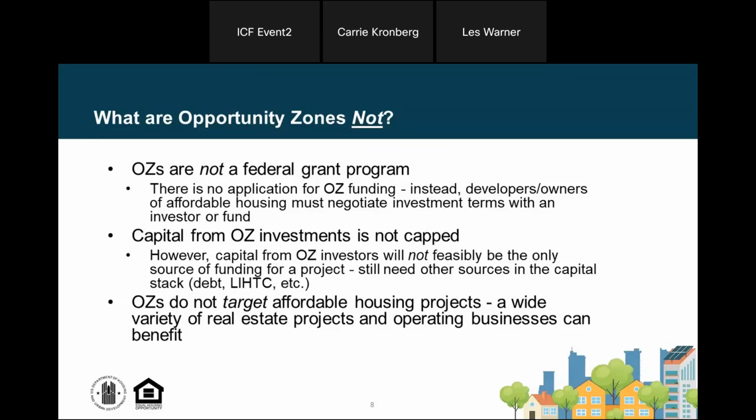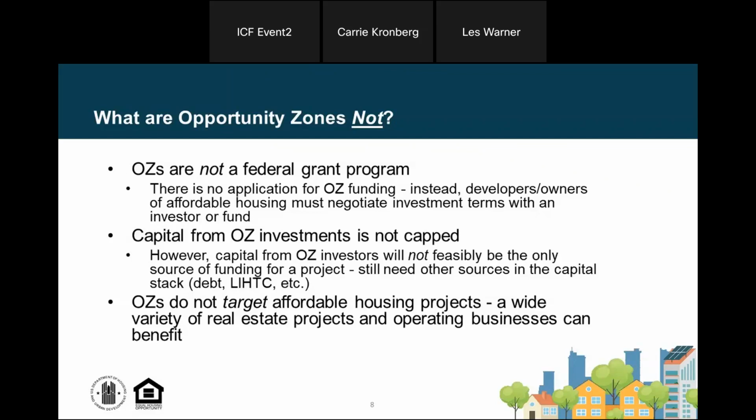As long as the property is located within one of those designated opportunity zones that have been certified, then that developer negotiates the term of an equity investment directly with each of the investors or funds that were created as a way to invest on behalf of that taxpayer that has experienced a capital gain. That's how the benefit for those investors is created, providing them tax relief.